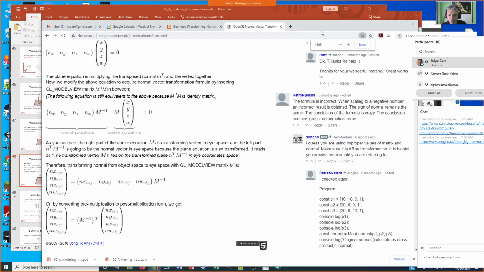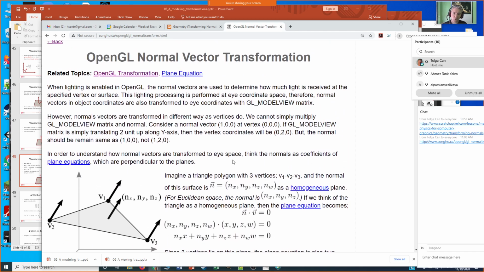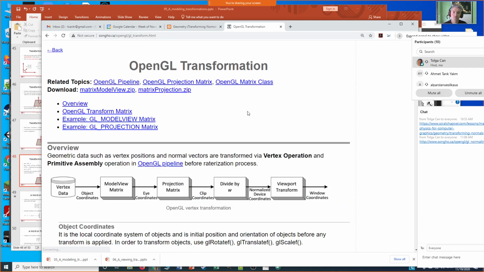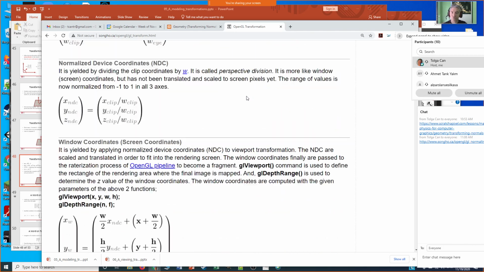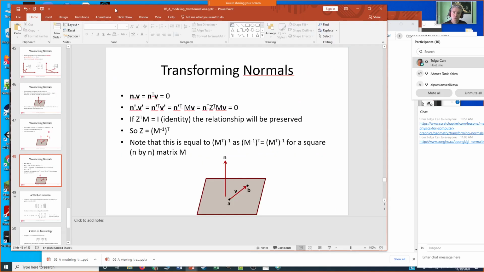Take the inverse of the original modeling matrix and take the transpose of that in order to transform your original normal vectors into the transformed version. And why we need to do that is written nicely here. There are also nice tutorials in general about OpenGL on this website. It talks about the forward rendering pipeline too, and all those transformation matrices.